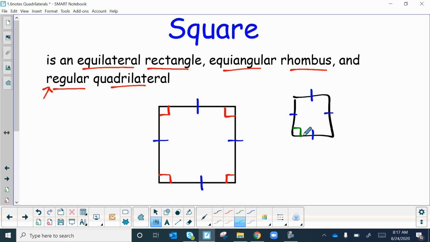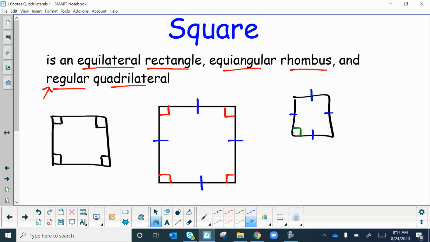Maybe one other way to mark it: if I have a square drawn and you have all 4 right angles, don't assume that that's a square, because this could be a rectangle. The top and the bottom sides, like this one and this one down here, could be slightly longer than this side and this side.